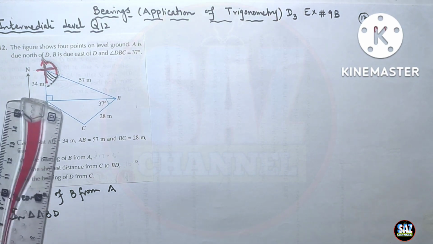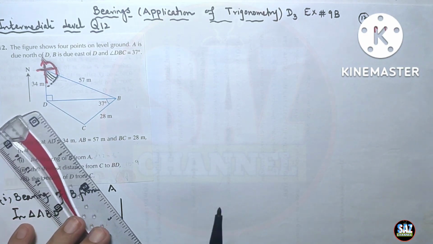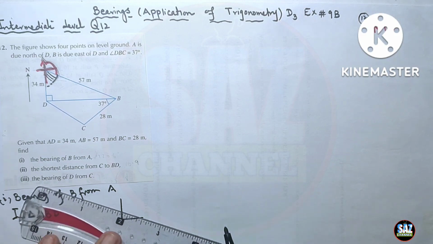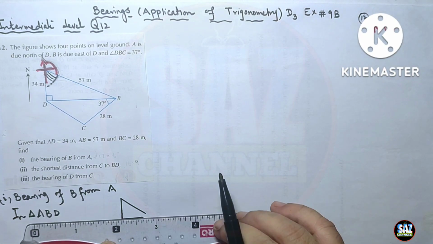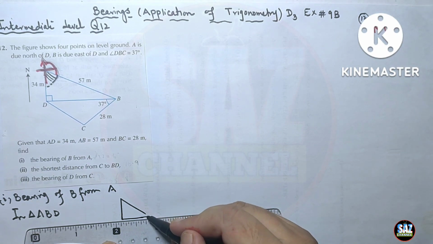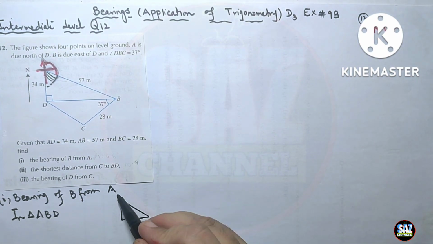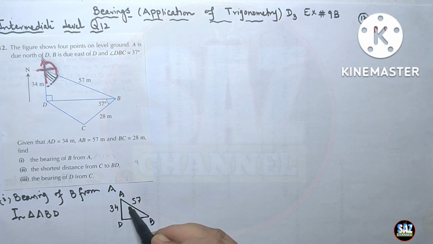Give reference of the diagrams in your working so that the examiner can understand your working and message easily, because you will not be going to discuss your paper with the examiner. Your papers will be speaking on your behalf. Okay, this is A, this is D, and this is B, and this is 34, and this is 57, and I need to find this angle.